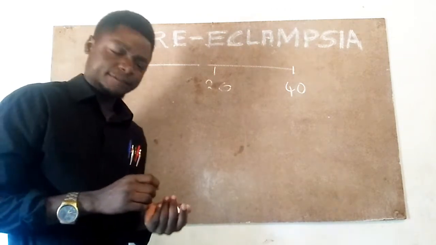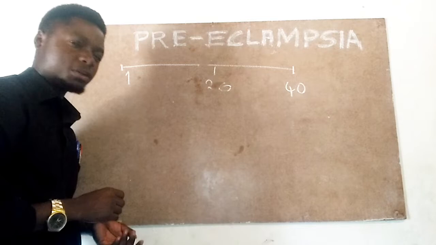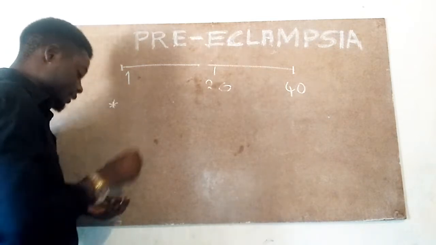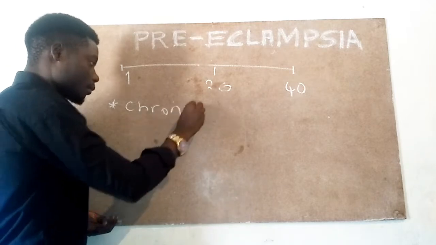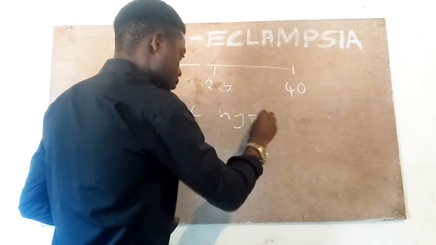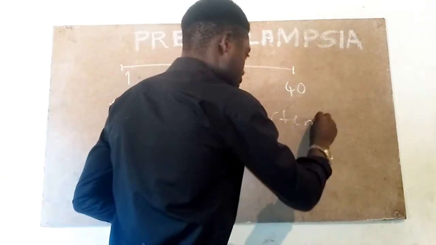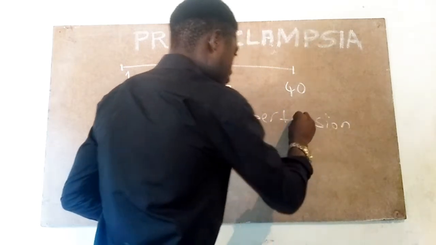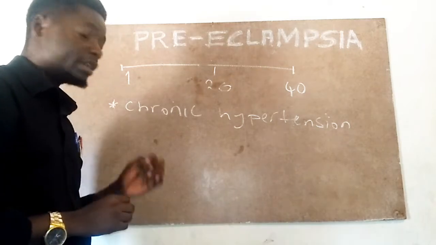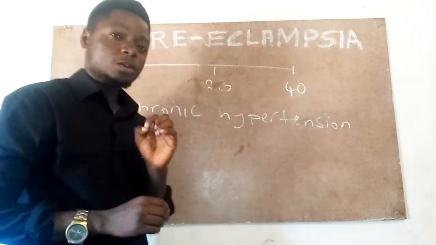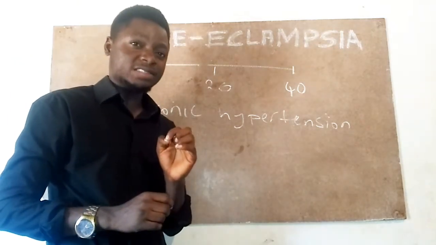Now, how do we classify these hypertensive disorders in pregnancy? The first one is chronic hypertension. Now, chronic hypertension is a type of hypertension that was there even before the pregnancy.